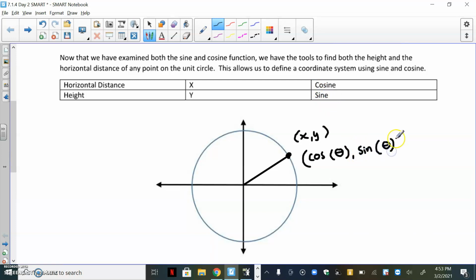They are pretty directly replacing x and y, and it makes sense because we've used them so far as vertical and horizontal distances. So instead of x and y, any point on the unit circle will now have coordinates of cosine of the angle, comma, sine of the angle.